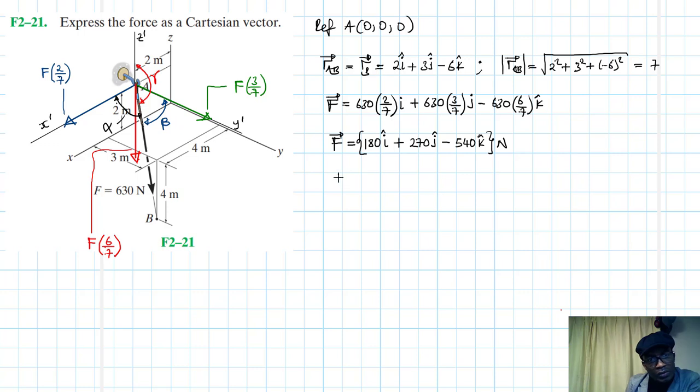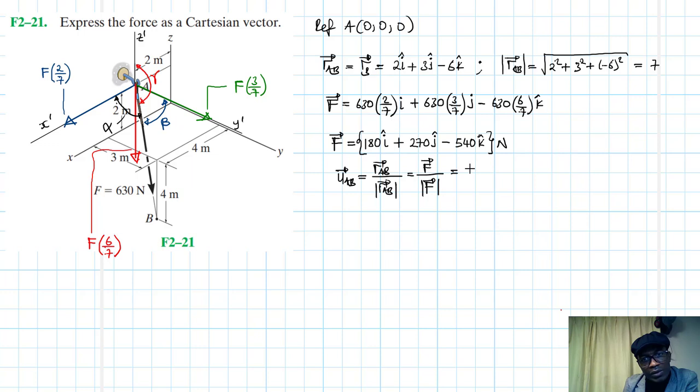So the unit vector is just going to be equal to RAB divided by the magnitude, which is also equal to F itself divided by the magnitude, right?